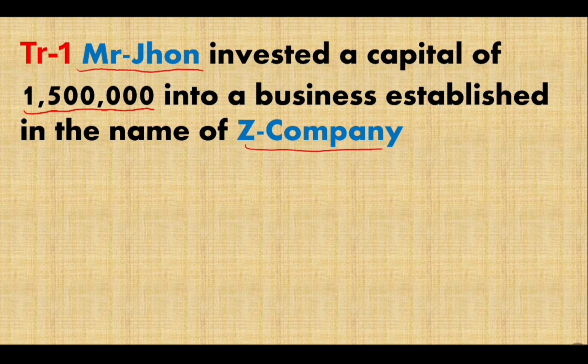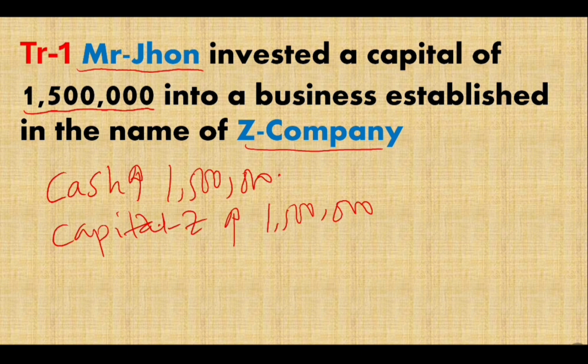Z company has initially zero cash, but since Mr. John invested 1,500,000 in cash, we expect the cash of the company to increase by 1,500,000. And the other type of account that is going to increase is the capital of Z company, increased by the same amount, 1,500,000.